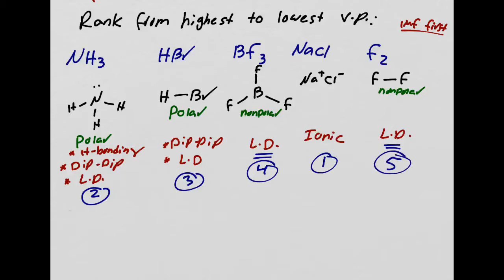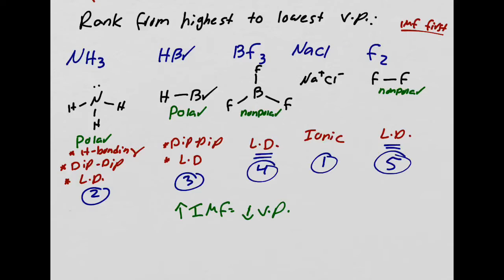Okay. Now, we said, and this was really key, higher intermolecular forces means lower vapor pressure. Now, I need you to remember this. When intermolecular forces goes up, everything goes up except vapor pressure. Higher IMF, higher viscosity. Higher IMF, higher boiling point.